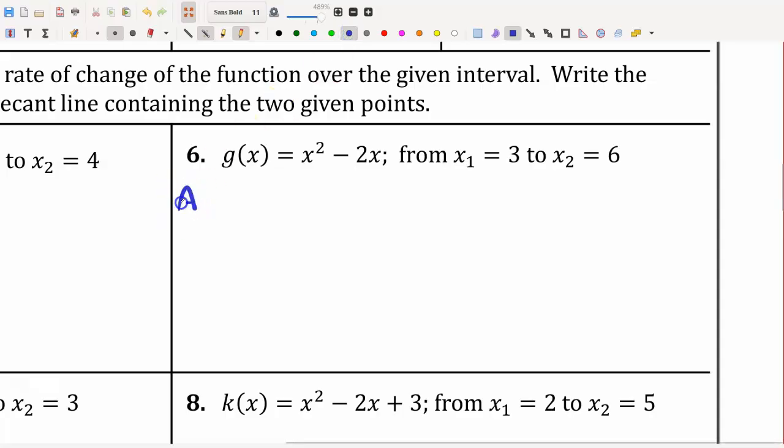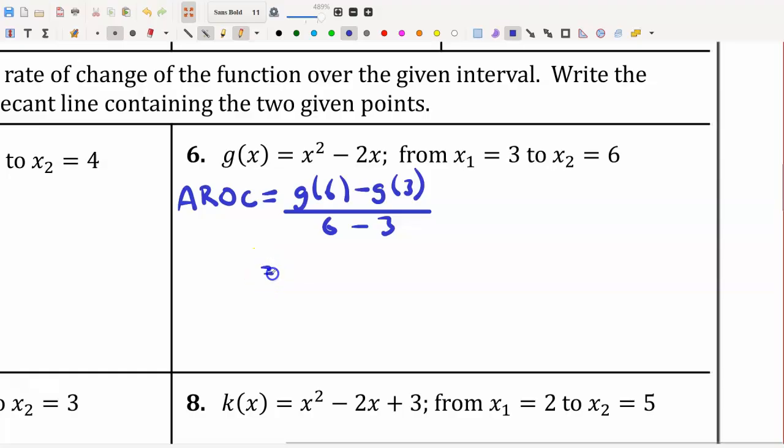So as before, average rate of change is going to equal, we're going to use g here, and it gives us both x values. So we're going to use g of 6 minus g of 3, over 6 minus 3. So that will just be, on the bottom anyway, 3. And then we have to find g of 6, so we're going to take 6 squared minus 2 times 6, that's 36 minus 12, which is 24.